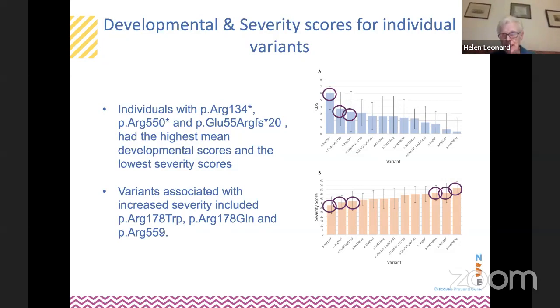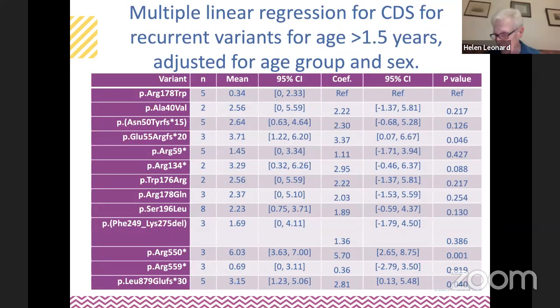So I've shown you these results graphically. We also have them in a table. I don't want to confuse you with figures, but just to show you, here we can see that this mutation here has got one of the highest development scores. So one would imagine that children with this mutation are going to be more functionally able, as are these ones, and these ones there.